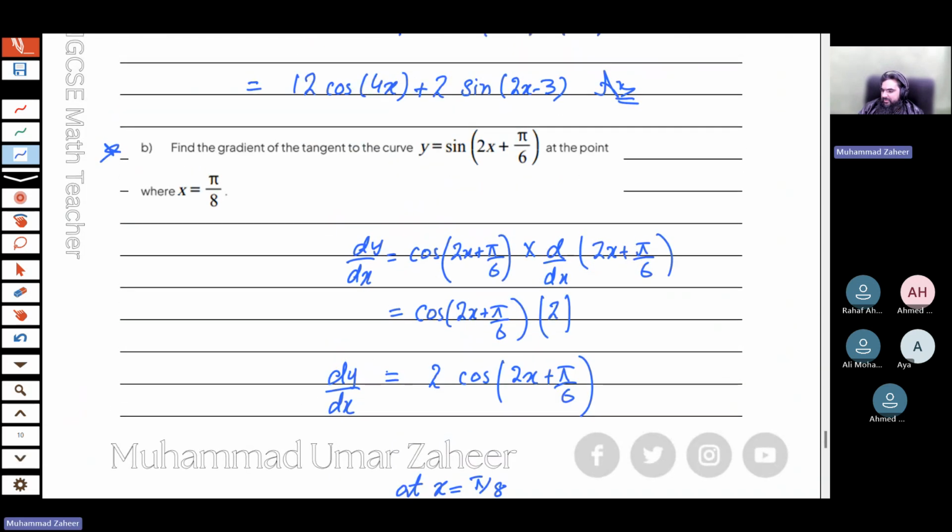This is the gradient at the point x equal to pi divided by 8.